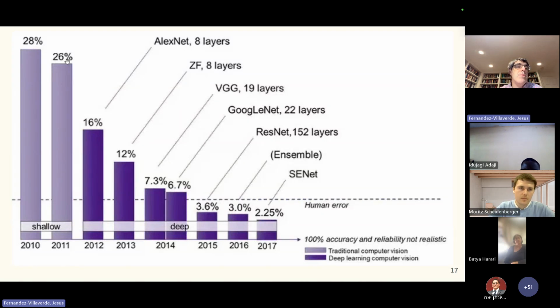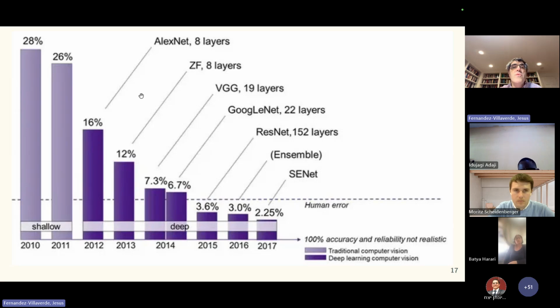And to everyone's surprise, we went from 26% error to 16% error. And in the field of image recognition, this was a drastic increment. No one had ever seen an improvement in accuracy of this degree in just 1 year.